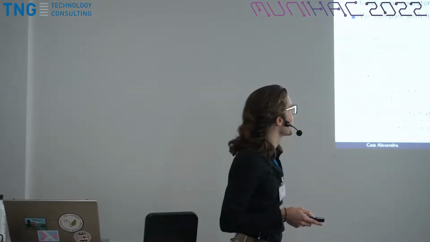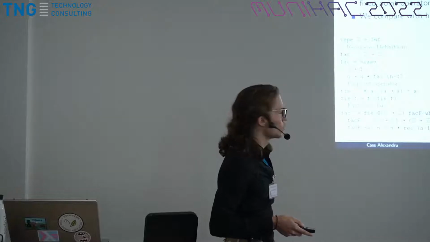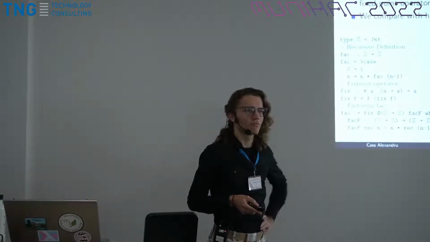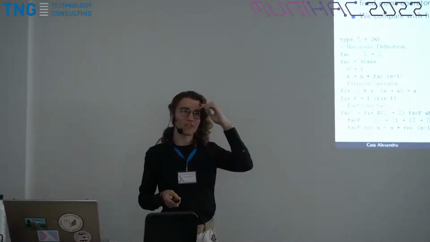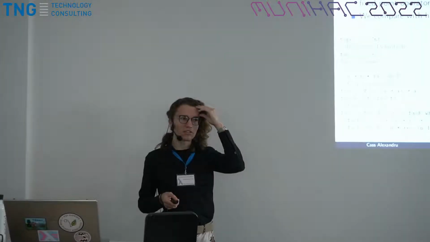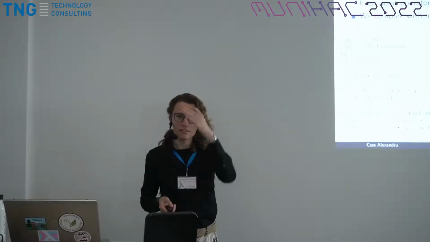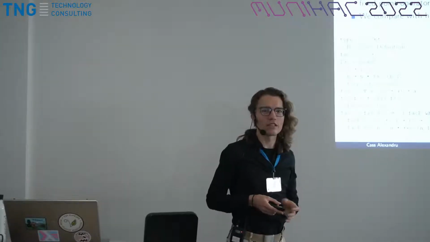I'm trying to think. I don't know if there's a way you can define fmap. I think there's a way you can define fmap just if you have bind, because monad is a superclass of functor. So there's definitely something similar going on.